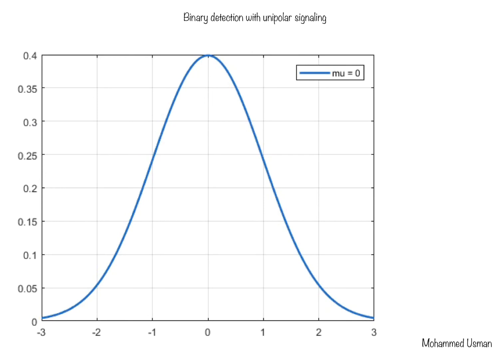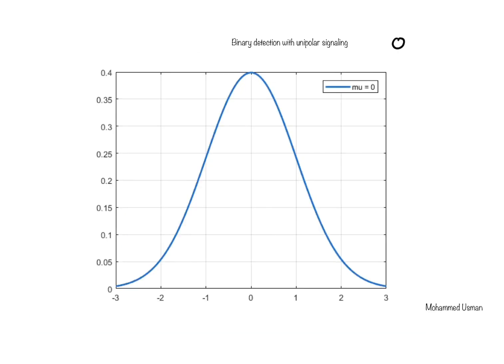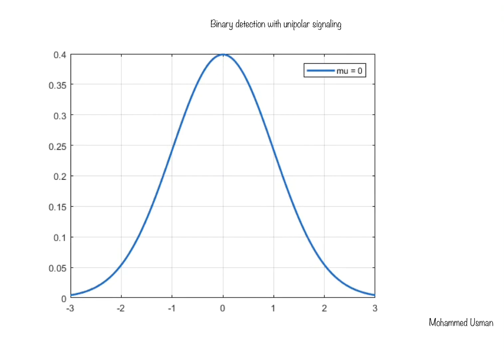But before we even begin with the analysis of the detection process in the binary unipolar signaling case, let us quickly recall what we defined earlier as the Q function. The Q function, if we recall, is the area under the Gaussian PDF's tail from some threshold value up to infinity.